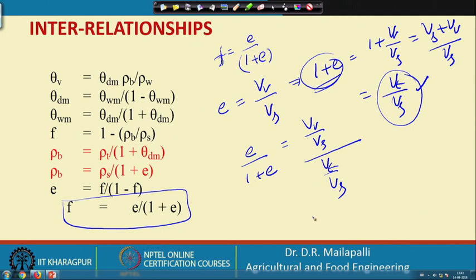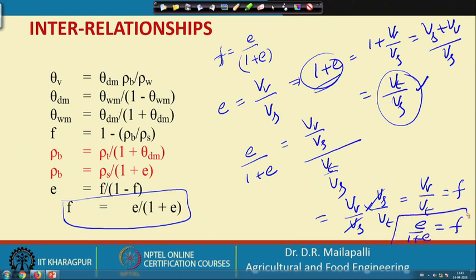So this is V v by V s multiplied by V s by V t, and V s cancels, giving V v by V t, which is the porosity F. Finally, E by 1 plus E is equal to F. Similarly, you can derive or prove other relationships. Remember these relationships are very important for your problem solving.